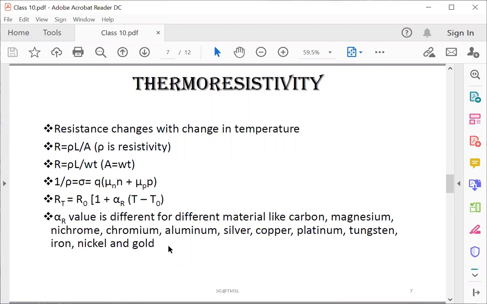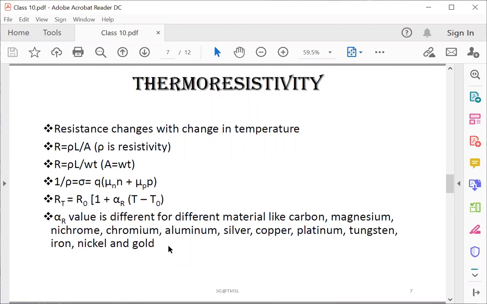One reason I already mentioned earlier is that with gold alone you cannot make a film with good adhesion. Although it is a noble metal, the thin film does not adhere properly to gold. Then you have to take help from some other thin film material for proper adhesion with the substrate. So gold is very rarely used for temperature coefficient sensitive sensors, or where the thermoresistivity effect is used.